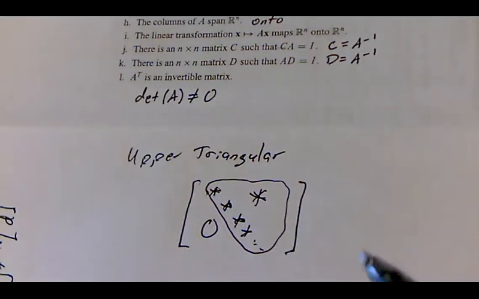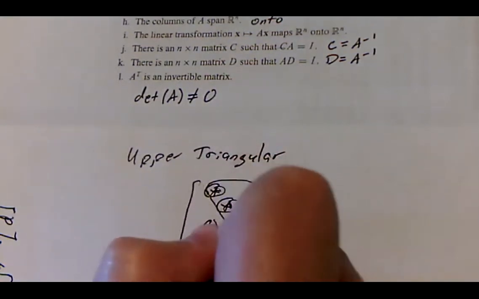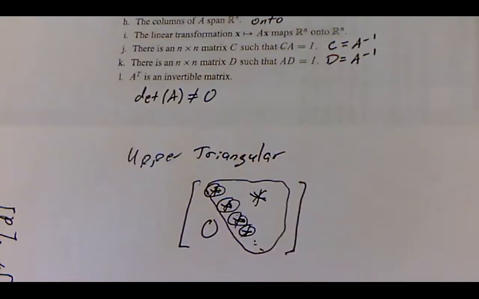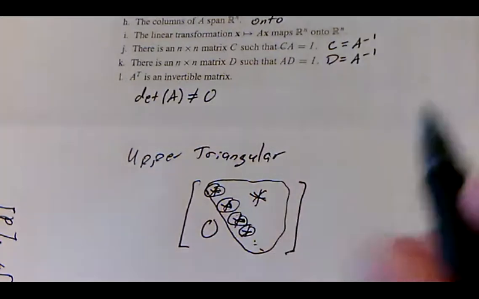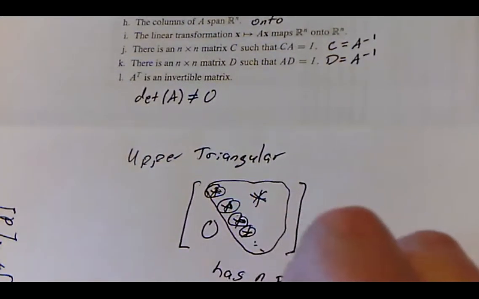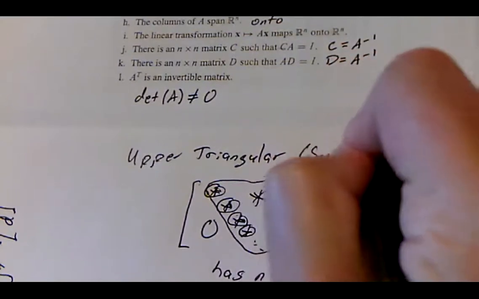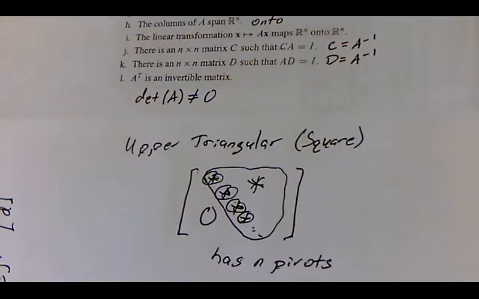Now, knowing what we know about matrices and pivots, this means that all of these diagonal entries correspond to a pivot position. So if you have an upper triangular matrix, you're good to go. Upper triangular matrix has n pivots. Again, we're talking about square matrices here, right? We are not talking about non-square matrices in this section. Because if you don't have a square matrix, you can't have an inverse.